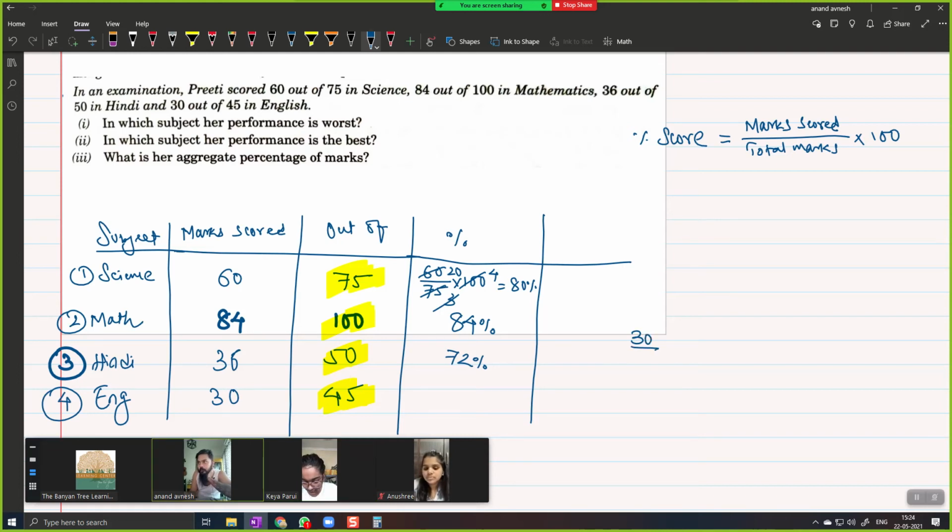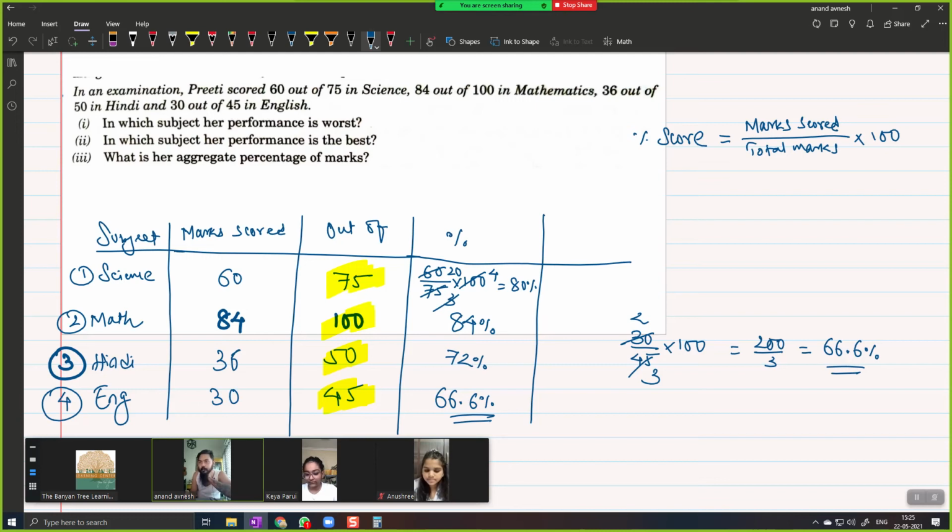Thirty by 45 times 100. 15 twos are 30, 15 threes are 45, so 200 by 3. How much is 200 by 3? 66.6%. Right?